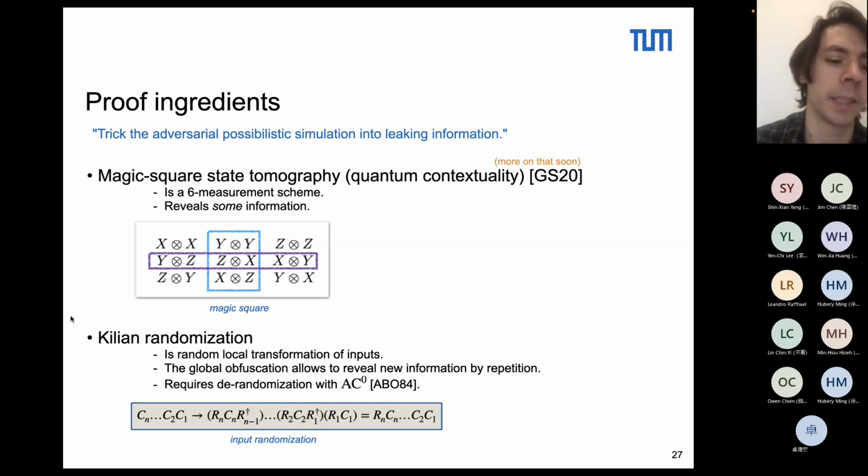However, the steps require a de-randomization with the AC0 circuit, and this is where this AC0 circuit comes into play.